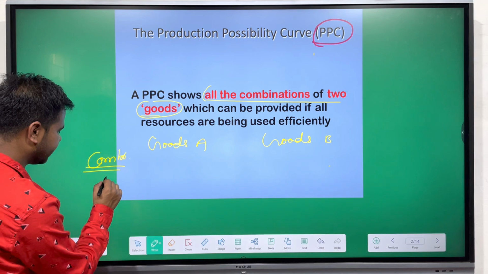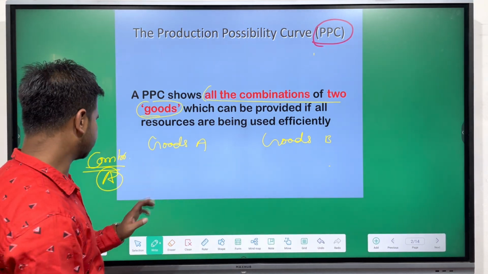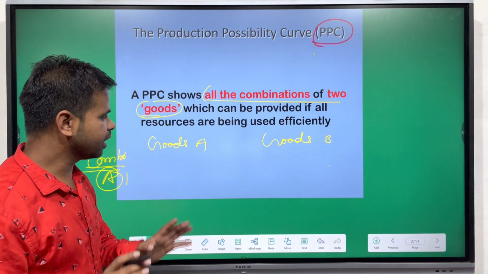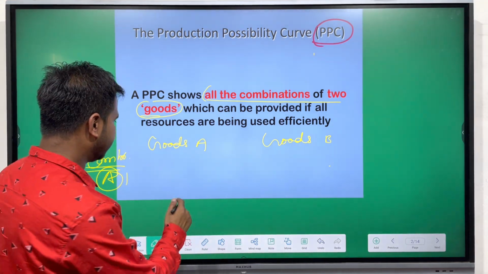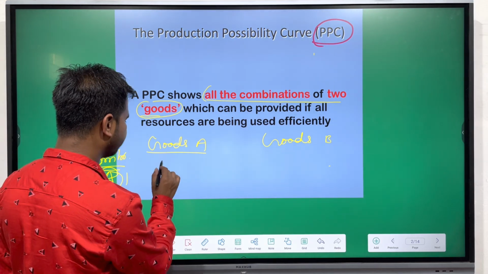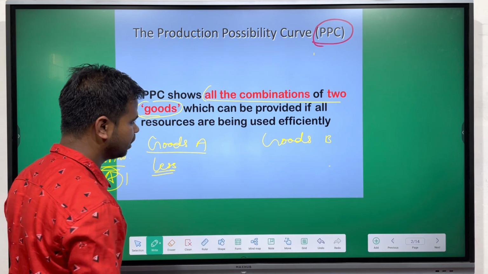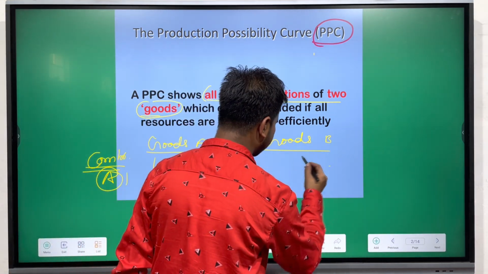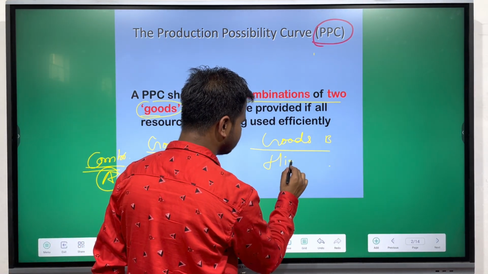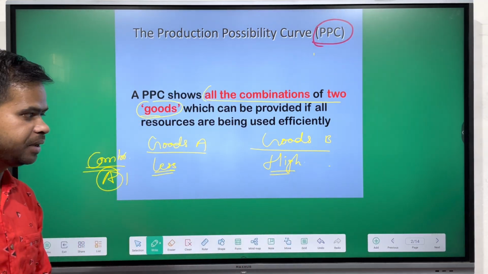If we are applying less money or less capital on the production of good A, then we have to apply high money or capital on the production of good B.